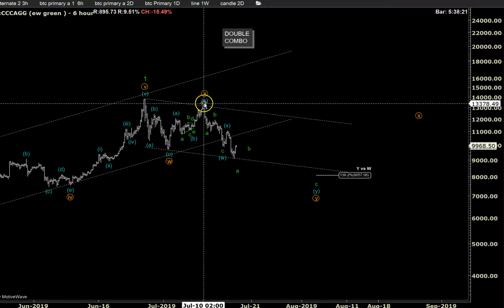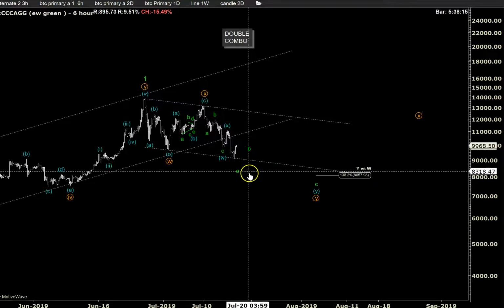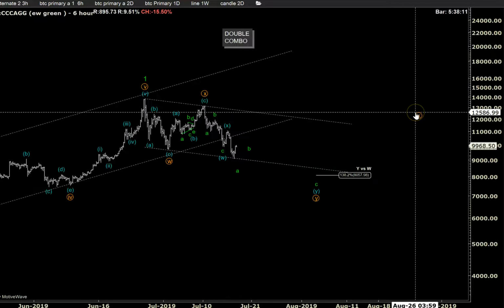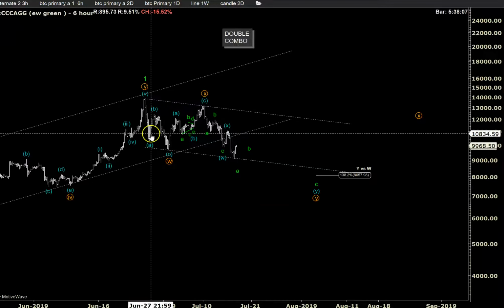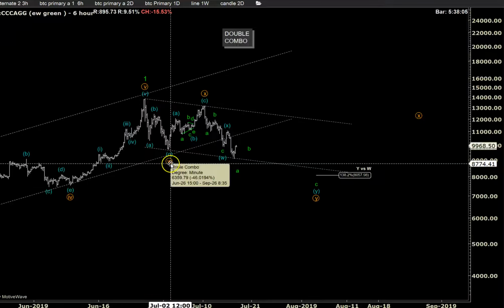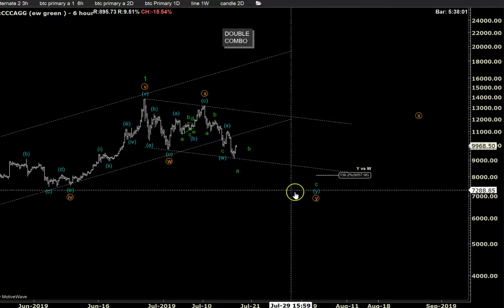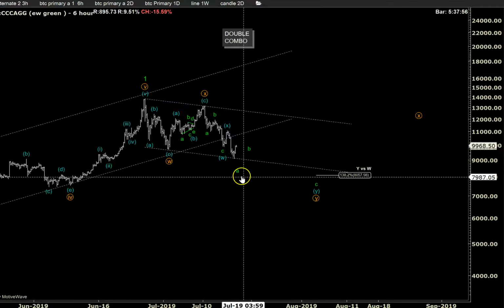It could be a very simple ABC, and then there would be the W, and then you would go X, and then you would go Y down. For this one, I have a W, X, and Y, and this Y here has to be also a three-legged move.